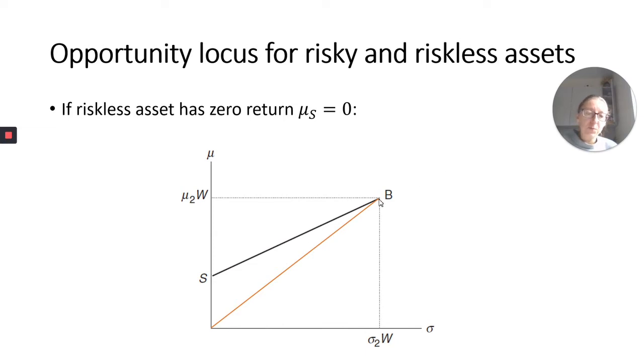At point B, we would have all our assets invested in B, with the risk equal to that of B and the maximum possible earnings equal to asset B's earnings. We could also be at any point on this line, which would simply say how much S and how much B we have in our portfolio.